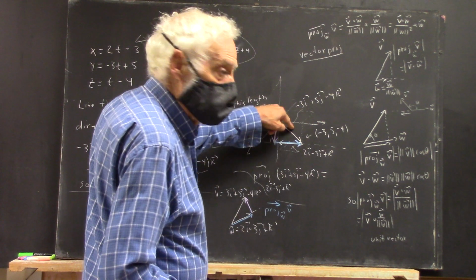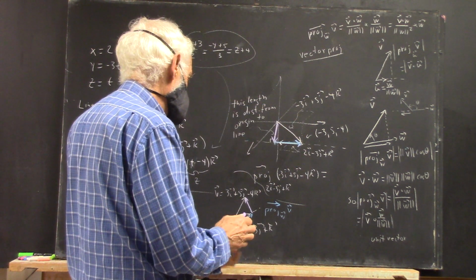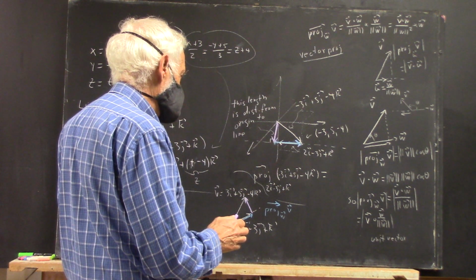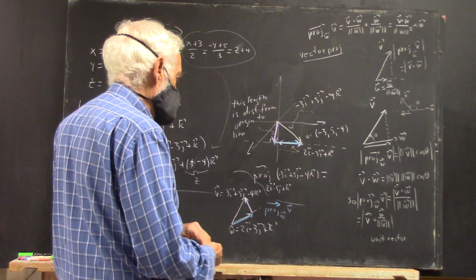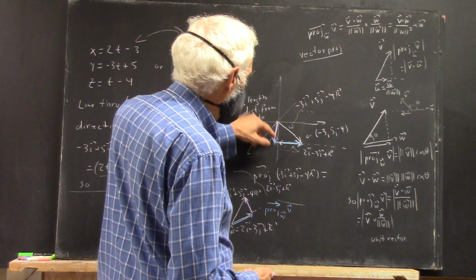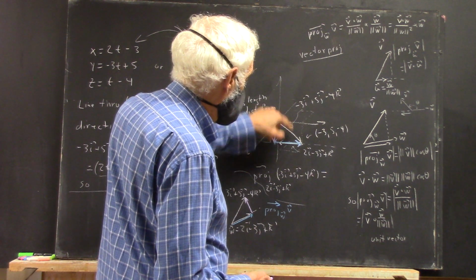So now I can say what I was about to say. This plus this equals this, right? So this vector, okay, if this plus this equals this, then this equals this one minus this one, right?